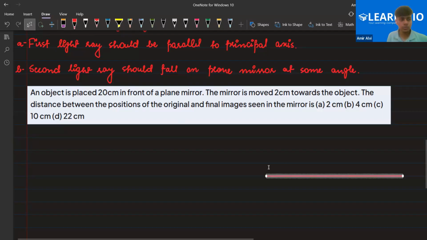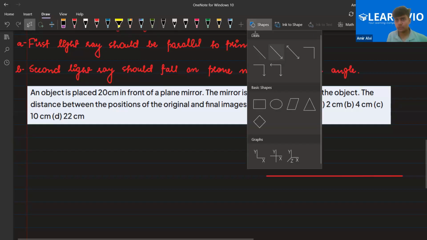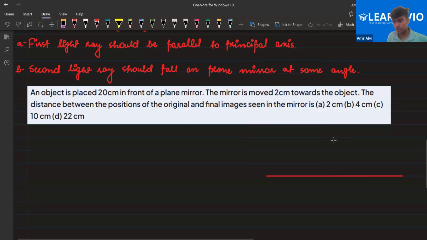Suppose over here, this is your plane mirror. An object is placed in front of the mirror. So basically these two are the cases.